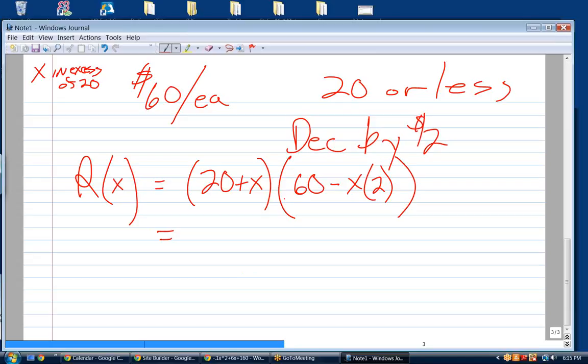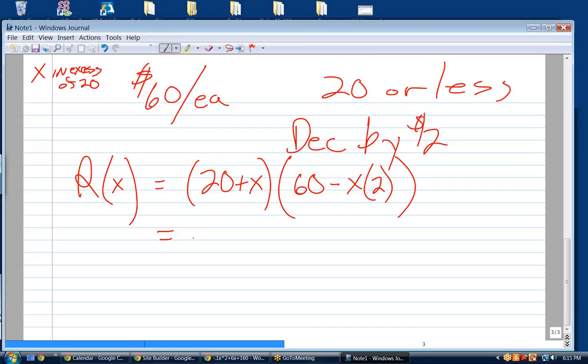What quadratic do I get? Okay, you get... Could you make the X times 2 just be 2X? That won't change anything, will it? Okay. Yeah, no, that's right.